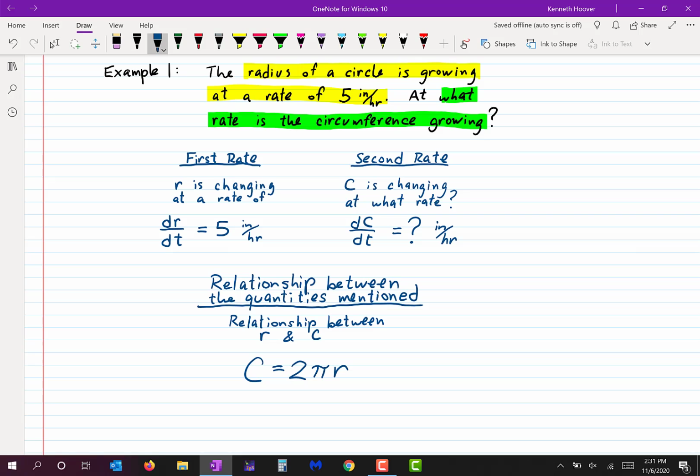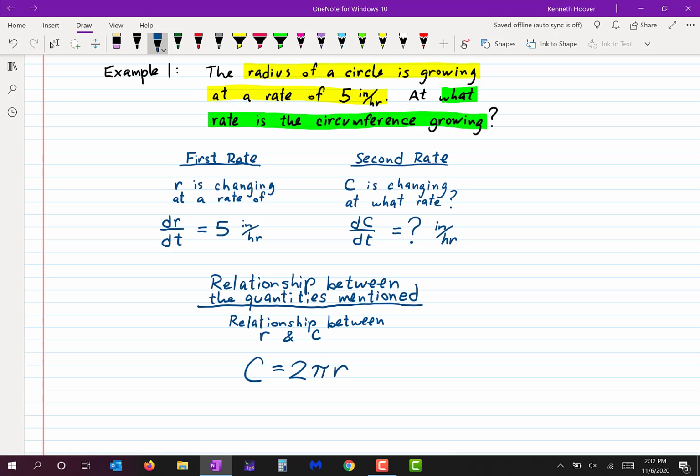Here's what you do. You take that relationship and you differentiate it. Now think about this for a second, okay? We're going to do the derivative of that equation, which means the derivative of both sides, which means we're going to write down the derivative of C equals the derivative of 2 pi r, okay?